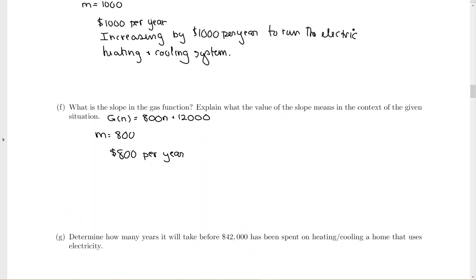All right, so we're increasing, because it's positive, by $800 each year or per year to run, and this was our gas heating and cooling system.